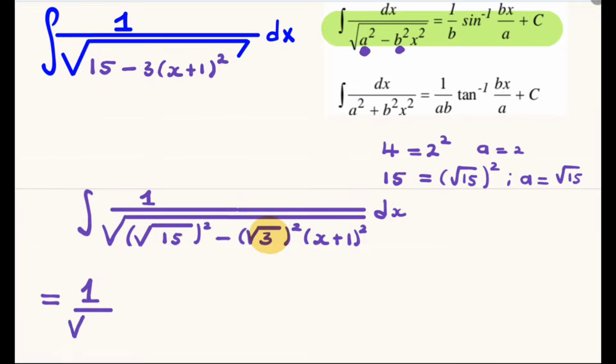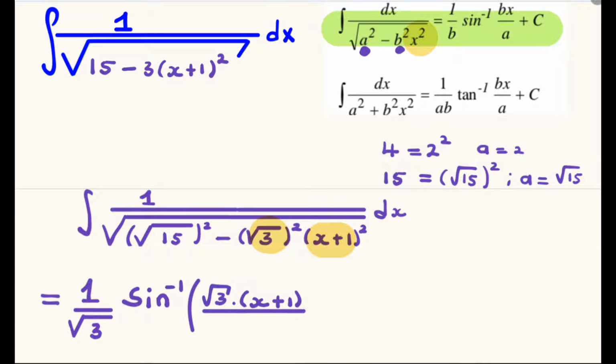So 1 divided by the square root of 3 multiplied by the arc sine of, in the place of the x we have the x plus 1, divided by a, where our a is equal to the square root of 15.